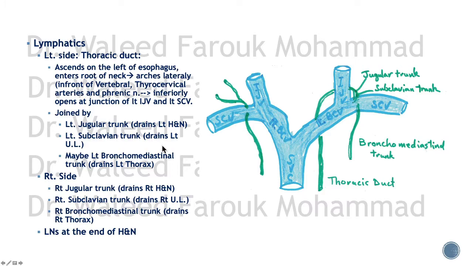Lymphatics. Now the map of the body is that three quarters of the body is taken by the thoracic duct, which is at the left side, and the upper quarter of the body, which is the right hemithorax, the right upper limb, and the right half of the head and neck, is taken over by the right lymphatic duct.